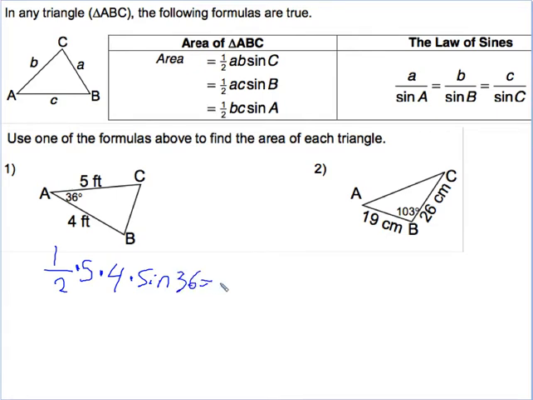I will plug all that in the calculator, and the calculator does all the work for me, and it tells me that my answer is going to be 5.88 feet squared. See, it's area, base times height, so it's squared.